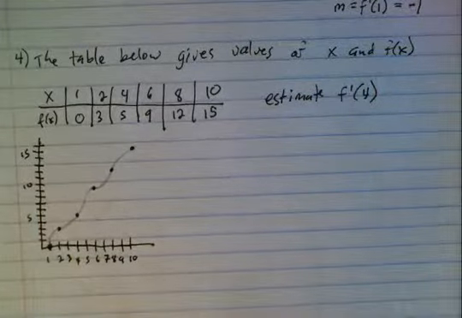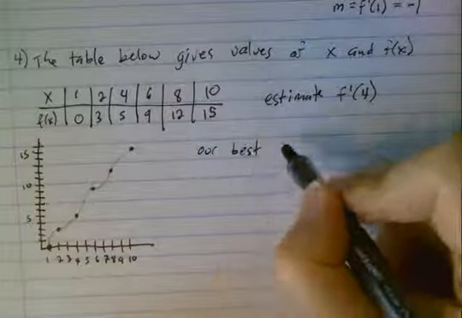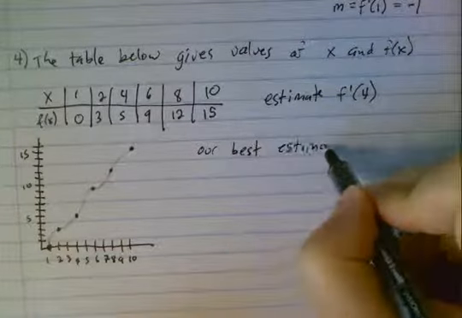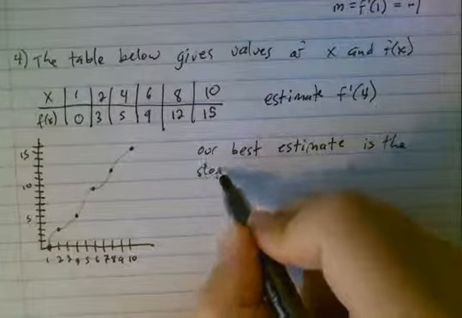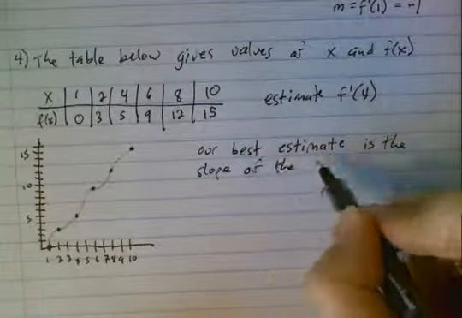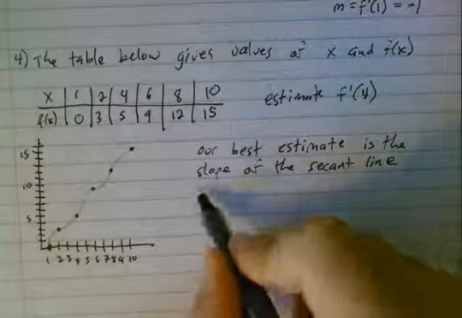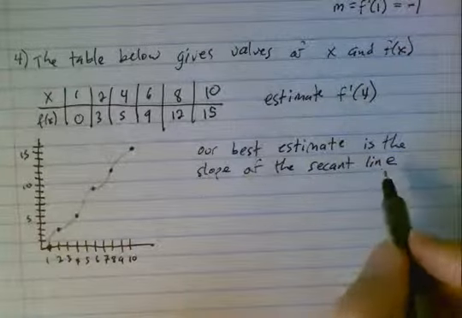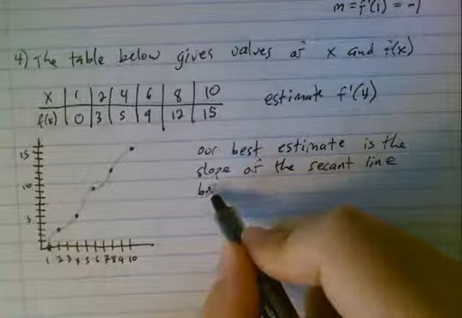So our best estimate of the slope of the tangent line at x equals 4 itself is the slope of the secant line between the two nearest points. Remember, a secant line is just a line between 2 points instead of tangent to 1.